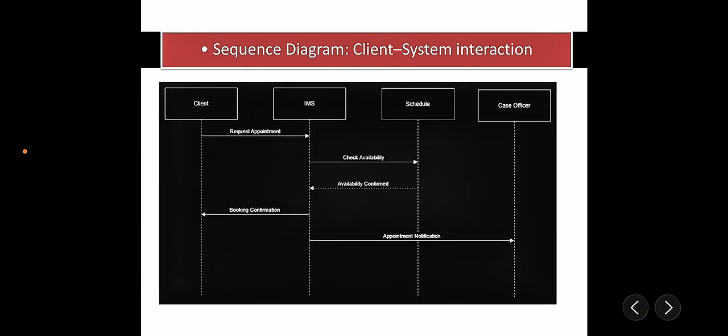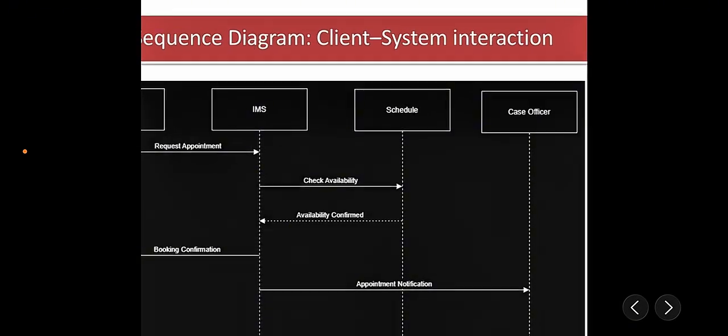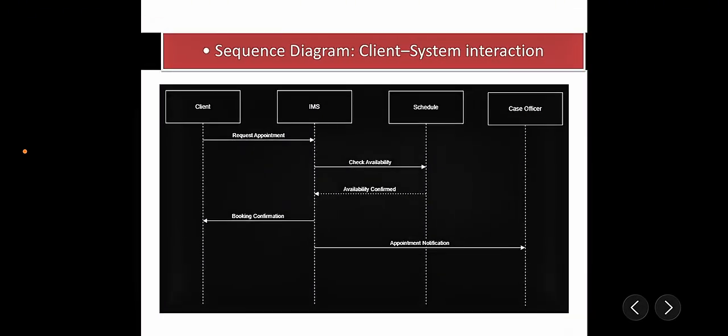Going to slide 6, sequence diagram, client system interaction. This is the sequence diagram, which shows how different system components communicate over time. The interaction begins when the client requests an appointment. The immigration management system then checks availability with the scheduler.